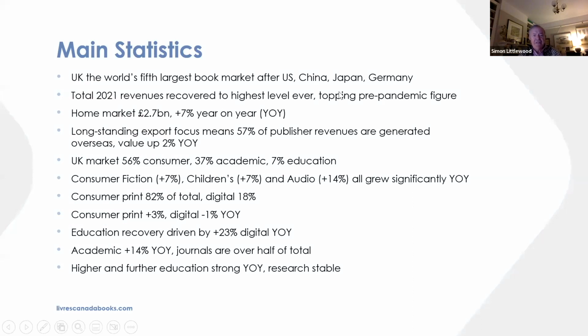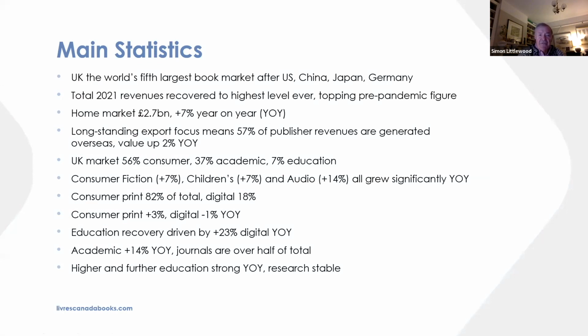Some of you may be aware of these statistics, but in fact, they are the most recently documented, and therefore they're extremely current and show you just on this range of bullet points the kind of market you're dealing with and where it sits in the world. So it's the 5th largest book market after the United States, China, Japan, and Germany. And thus it is, of course, the 2nd largest English language book market.